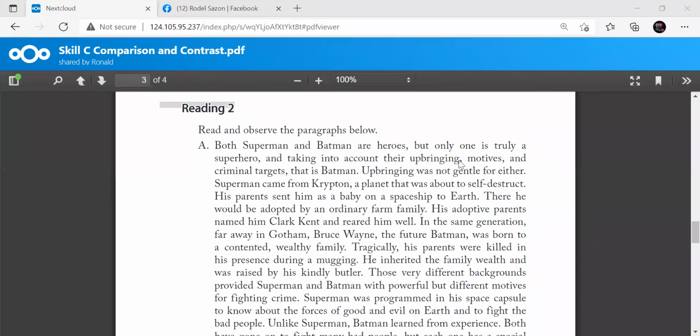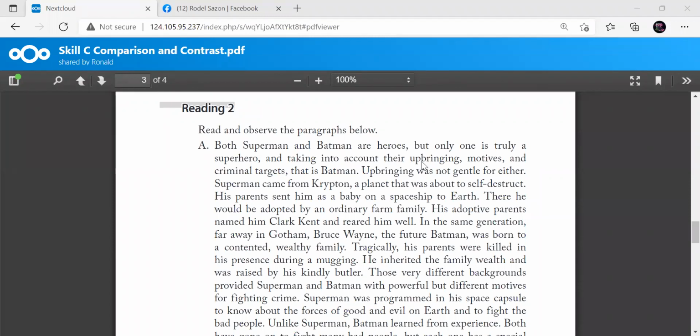Muna siyang areas nga i-discuss. So if you are to write this as an essay, a 5-paragraph essay, mo ni ang first paragraph, introduction. Second paragraph, you talk about their upbringing.